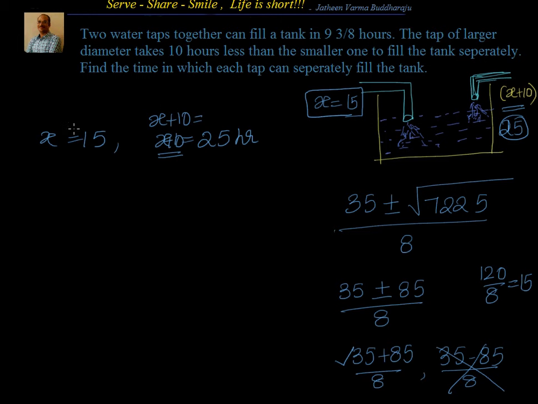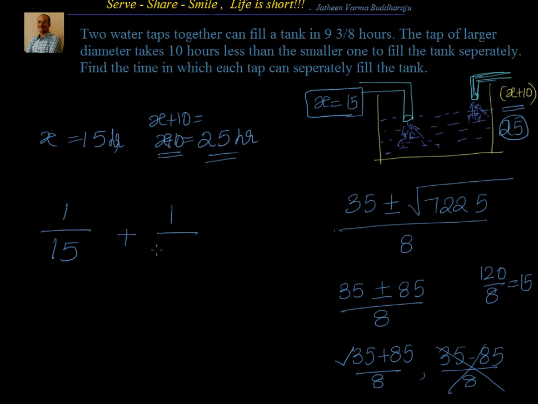So the larger diameter tap will take 15 hours, whereas the smaller diameter tap will take 25 hours. Let's cross check the condition given. Two water taps together can fill the tank in 9 3 by 8 hours. The tap of larger diameter takes 10 hours less than the smaller one. We got it.